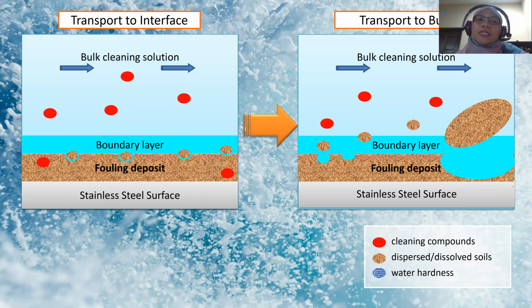Concentration gradients and turbulence can accelerate the process. The action of chemical reaction sometimes will induce the removal of big chunks of fouling deposit, and the flow of the cleaning solution may as well cause erosion at the fouling deposit surface.